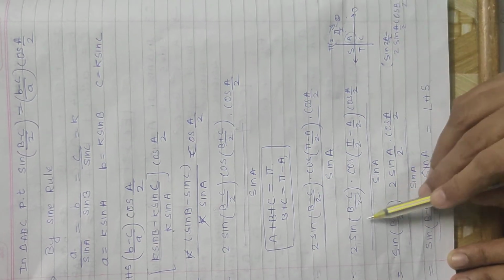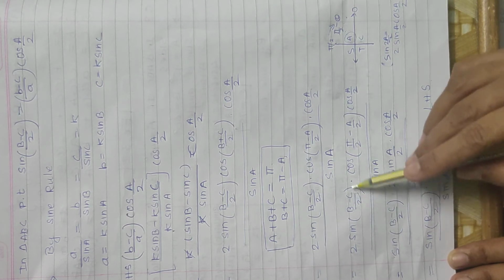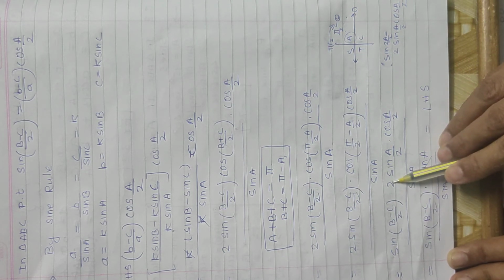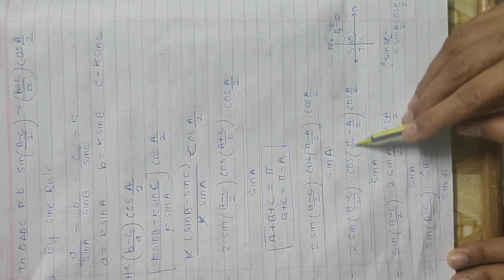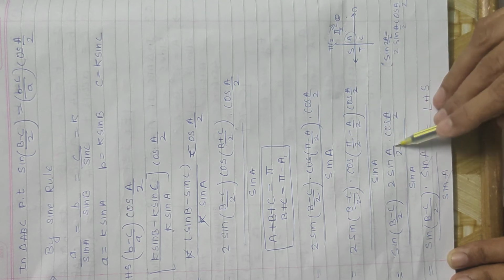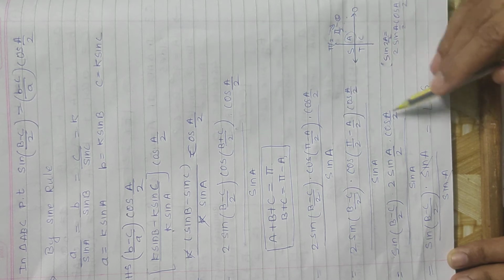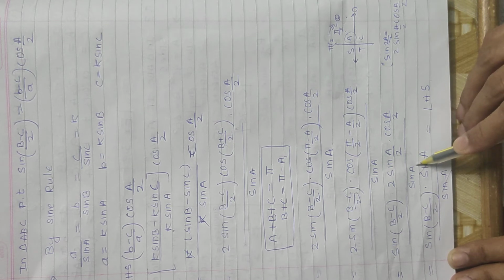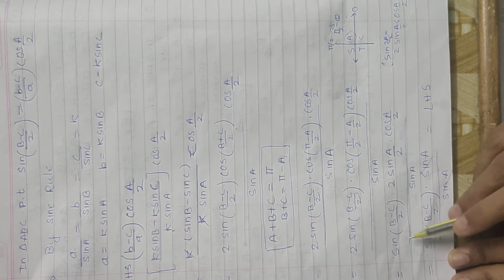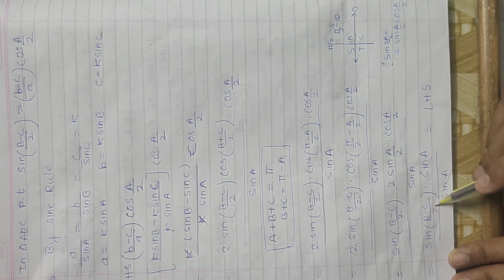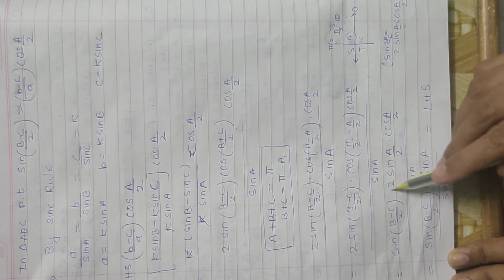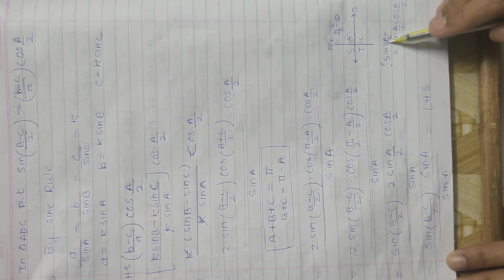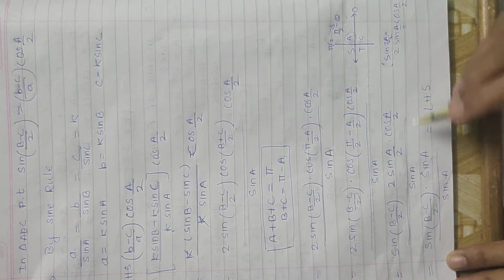So see here, this sine (B minus C)/2, the same I have written, this 2 I have transferred here. Then this cos (pi/2 minus A/2) will change to sine A/2 into cos A/2, and this upon sine A as it is. Then sine (B minus C)/2 into, now see this is the formula of sine 2 theta.